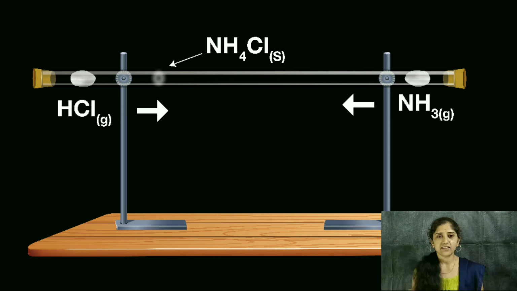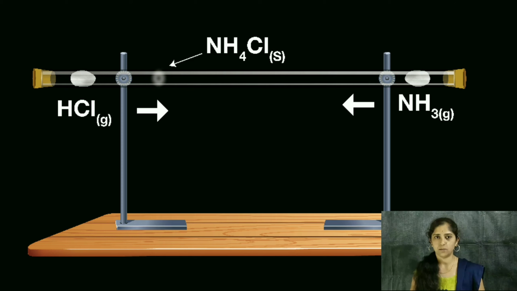Let me observe which gas diffuses very fast, meaning which gas travels at higher speed, ammonia gas or hydrogen chloride gas. In this glass tube we will observe a dense white-colored fume inside the tube. What explains these denser fumes?